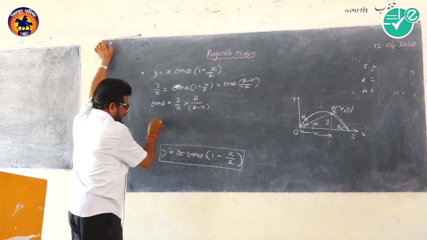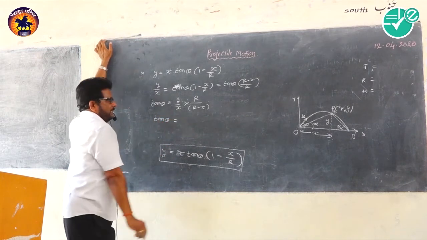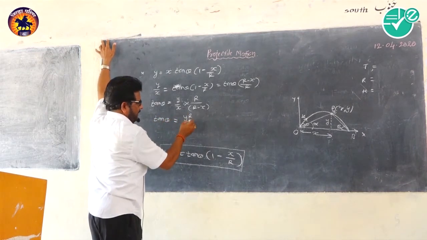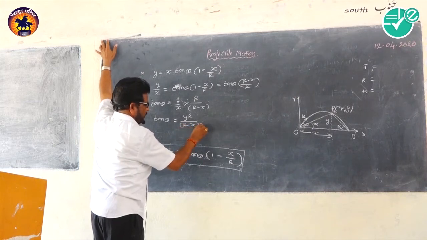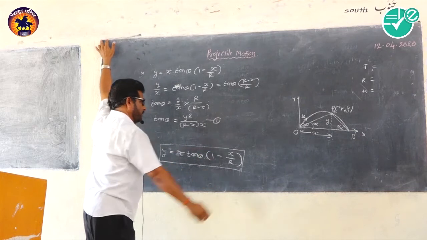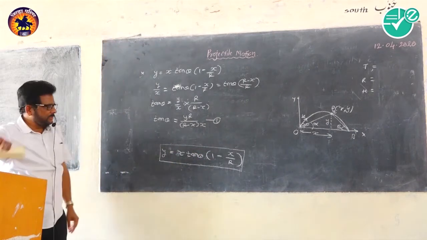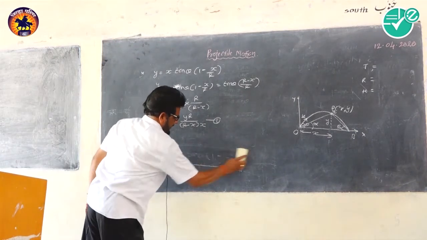So tan theta is equal to y R upon x into R minus x. Suppose this is equation number 1.